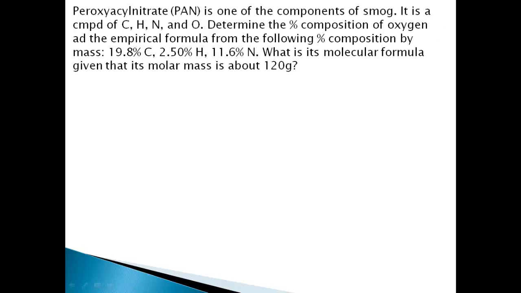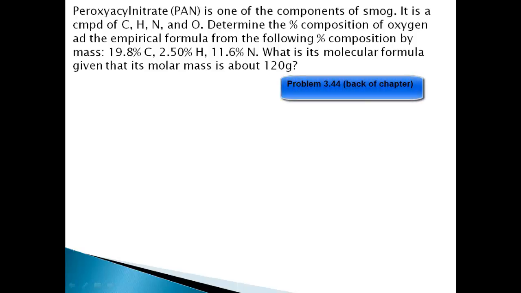Okay, I'm going to do one more, and this is actually problem 3.44 in the back of your chapter, and it reads: peroxyacyl nitrate, abbreviation PAN, is one of the components of smog. It's a really bad compound. But anyway, it is a compound that has carbon, hydrogen, nitrogen, and oxygen.